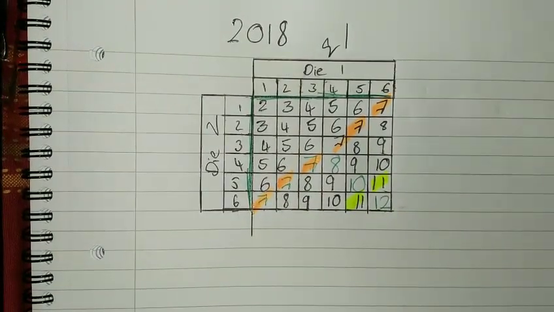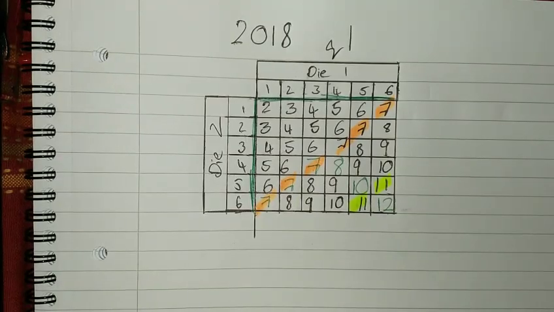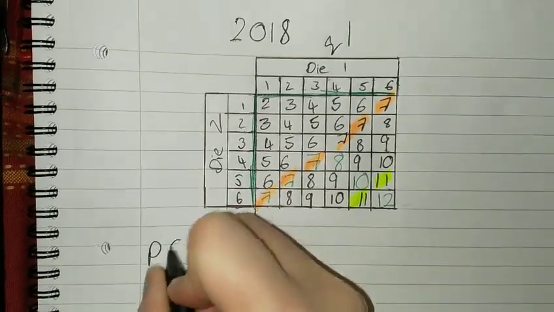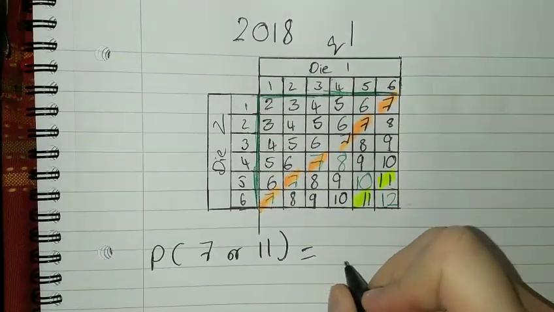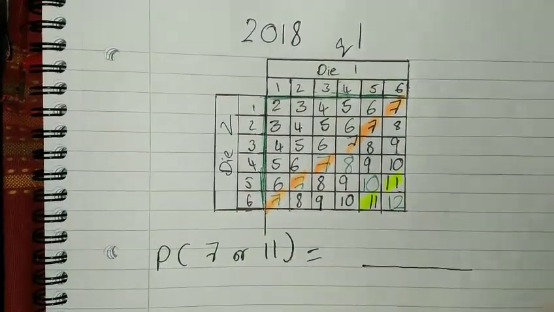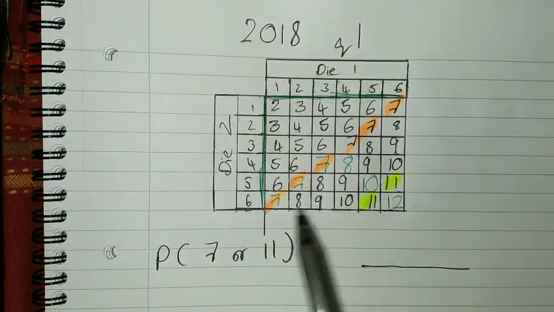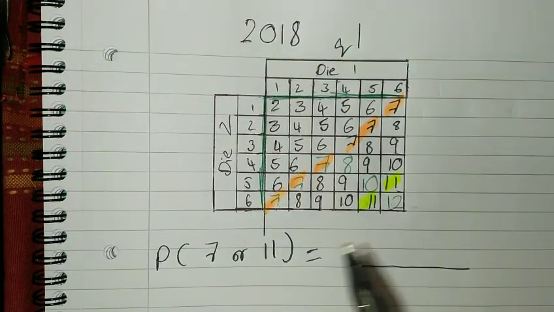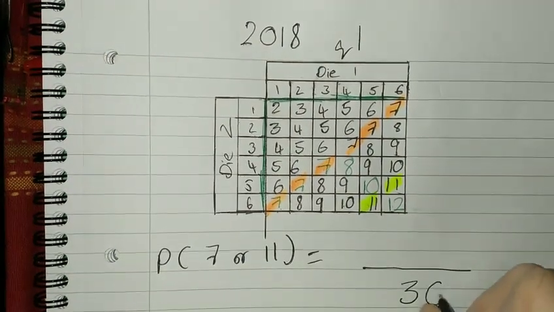The probability of getting a 7 or an 11 is the number of times I get a 7 or 11 over the total number of outcomes. There's 1, 2, 3, 4, 5, 6 and 1, 2, 3, 4, 5, 6, so 6 by 6, which is 36 altogether.